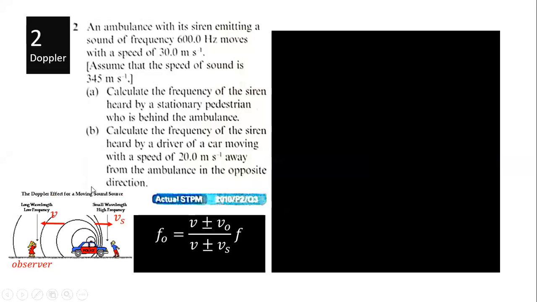Look at this picture. There is a siren moving to the right. There's the observer moving to the left. So as far as we look, the top is the observer. The observer is moving to the left. The speed of wavefront is moving to the left also. So we choose subtract.